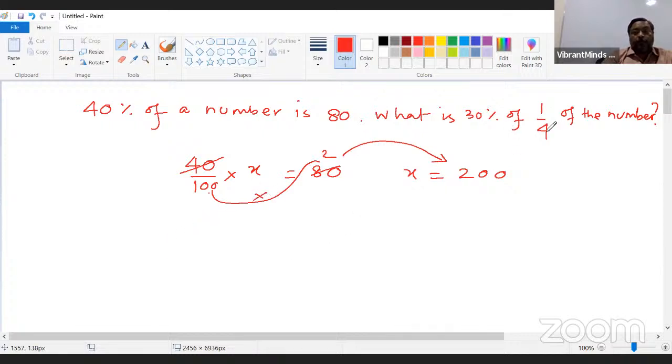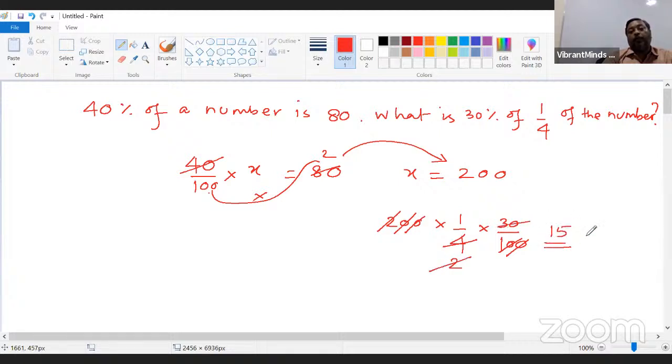So 30% of 1/4 of that number. Bahut acha. So what you can do is take 200, and 1/4 of this number, and also 30% of this number. So what we have, and to say, it will be 15.